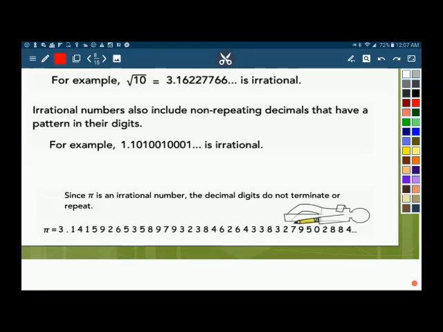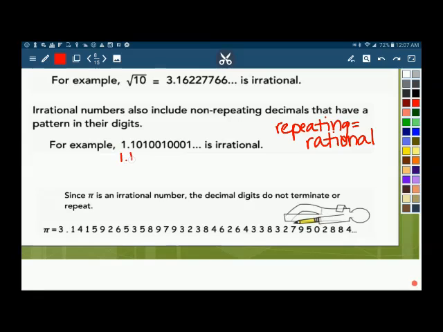Same thing if you were to see something that looks like a pattern, something cool, but it's not really a repeating pattern. I'm looking specifically for a repeating pattern for it to be rational. Okay, whereas here, even though it looks like, okay, I know what the pattern is going to be.